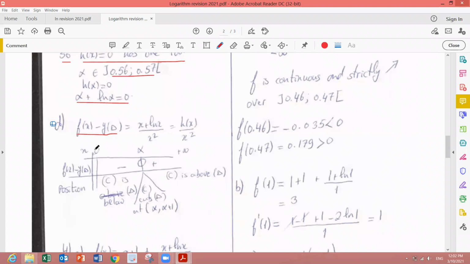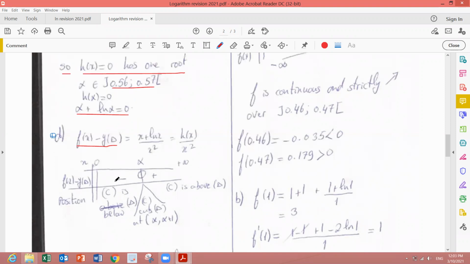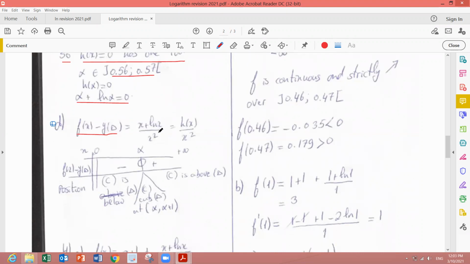I put here the domain 0 plus infinity, f(x) minus y delta, and the position. This is alpha: negative, positive. We can take a value greater than alpha and replace it here, like 1. We get positive here, negative here. Negative means C is below delta. Positive, C is above delta.